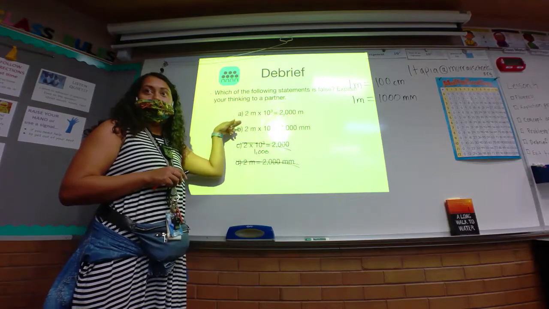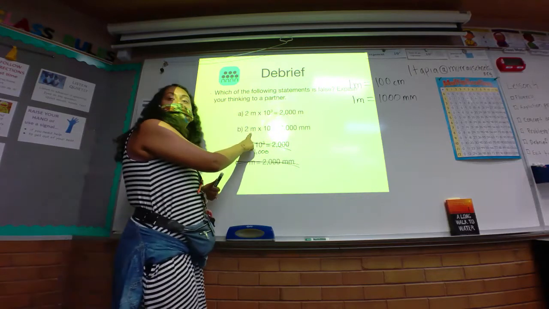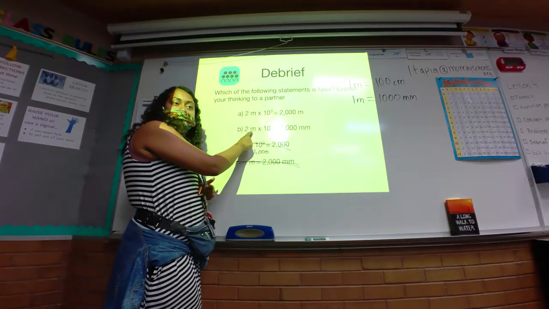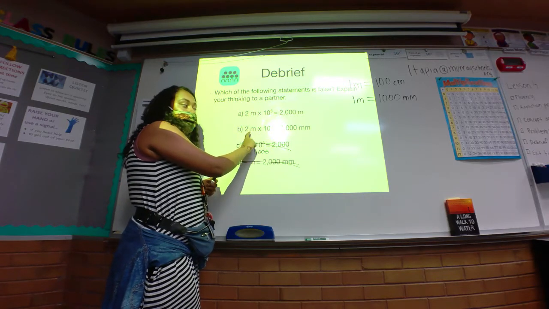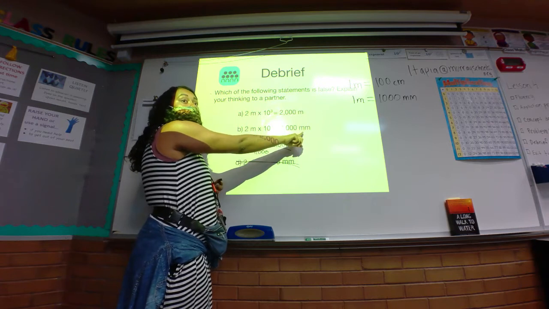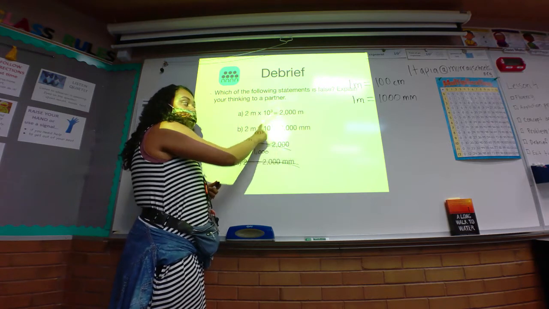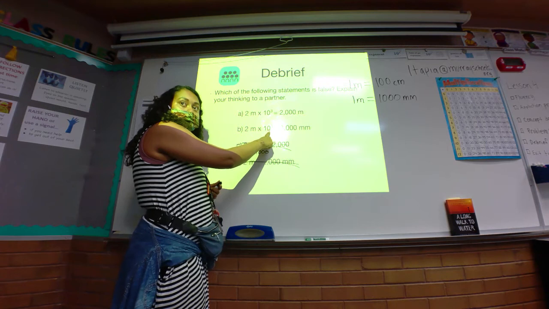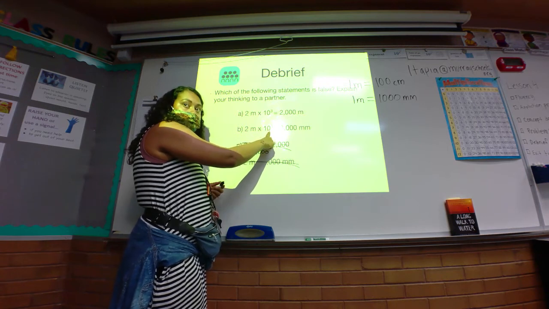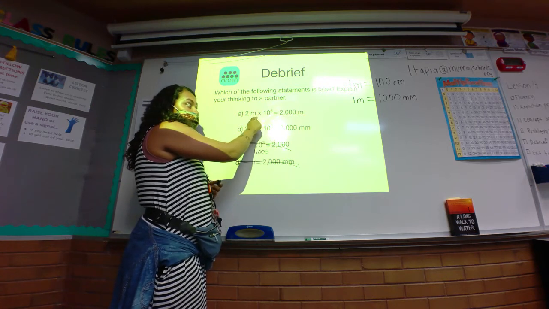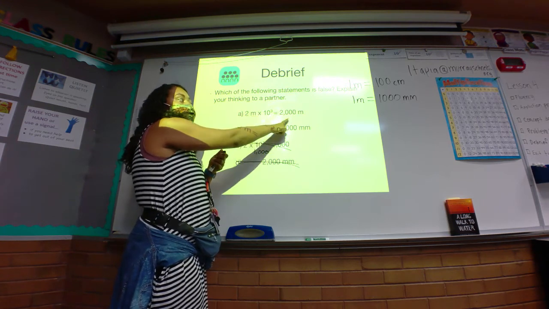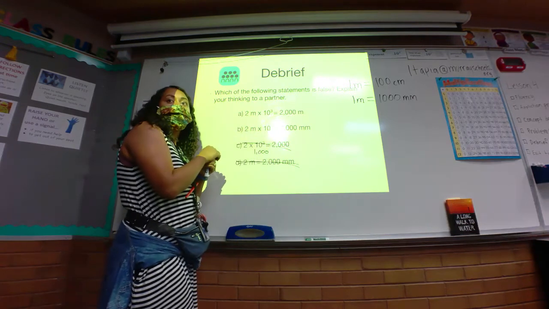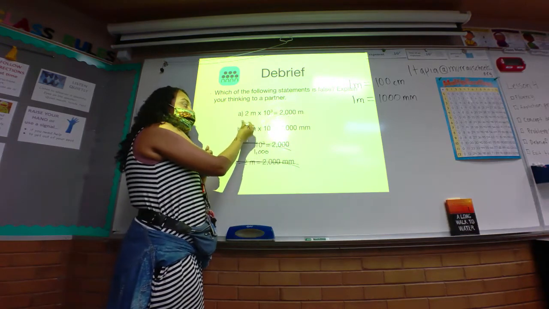Both of these look very similar. It shows that they did change it, but they did not show here that they're changing to millimeters. This one, they had 2 meters and they needed more meters. So this one is false.